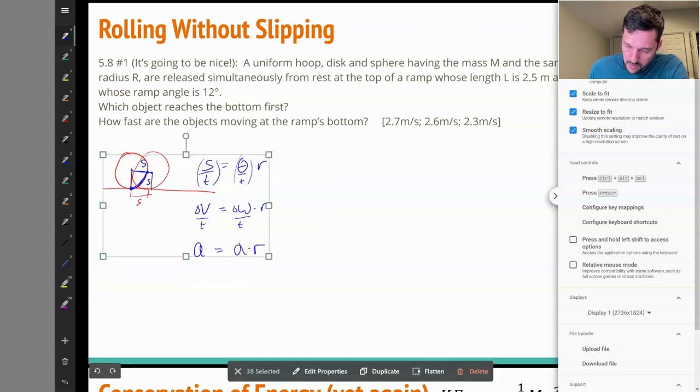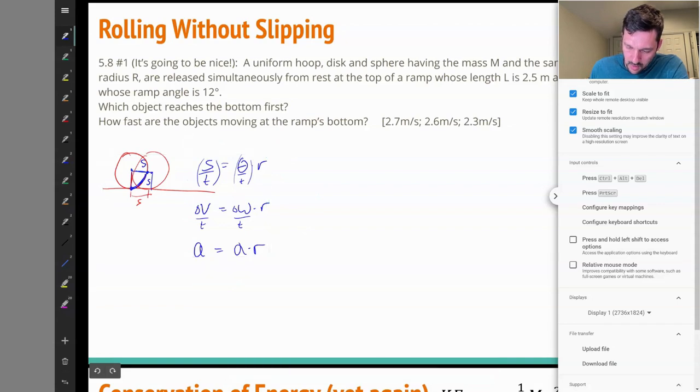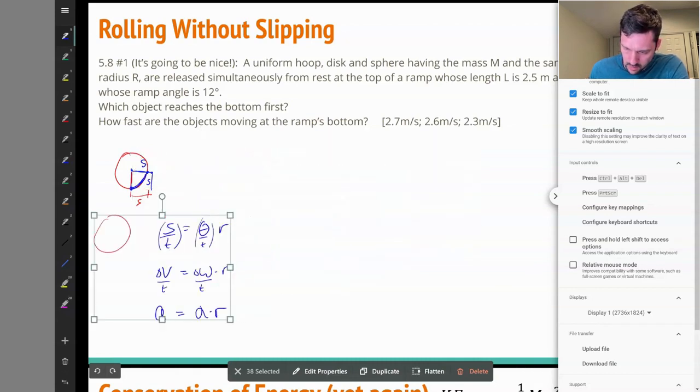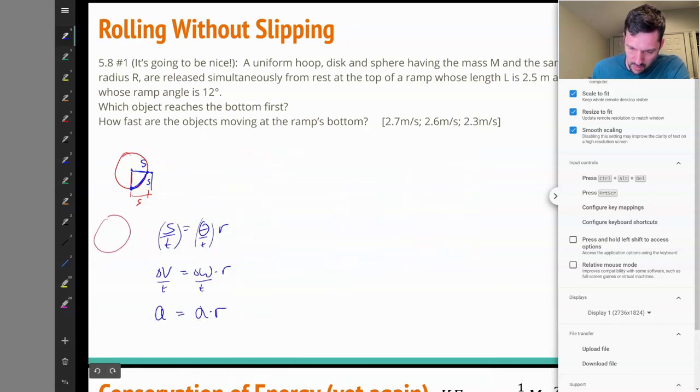So those relationships are ones that we will lean on heavily throughout our description of the events.